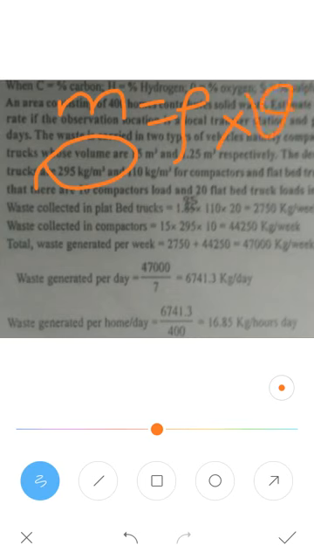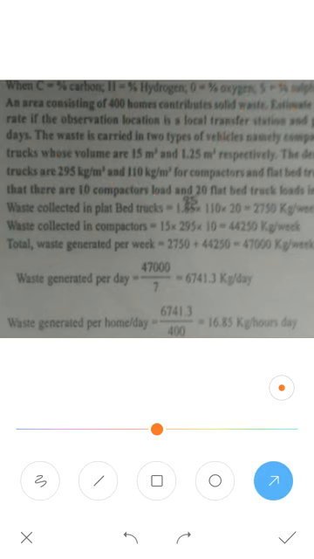We have taken the volume, and next the density is 295 kg per cubic meter. Here the number of trucks carried away is 10 times, that is written here.